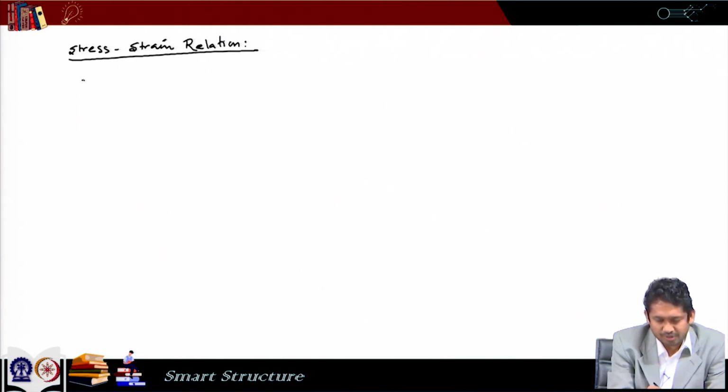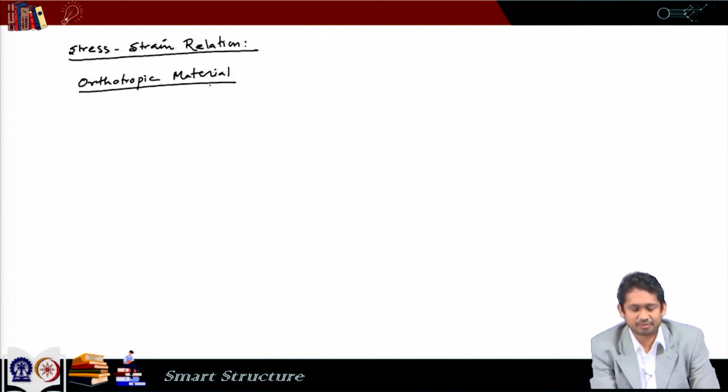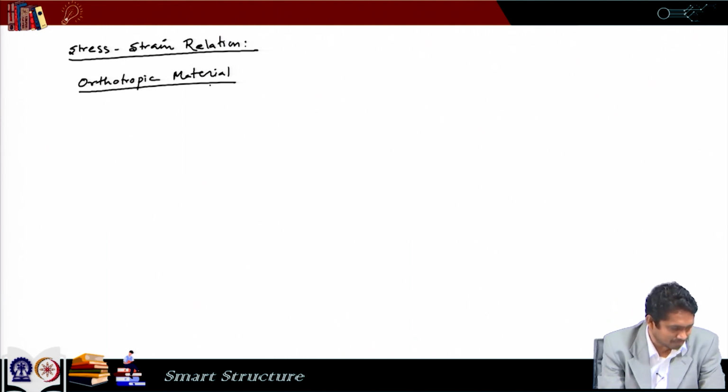We need to define the elastic stress strain relation for an orthotropic material in 3D, and then from there we will look into the stress strain relation in a ply in 2D.